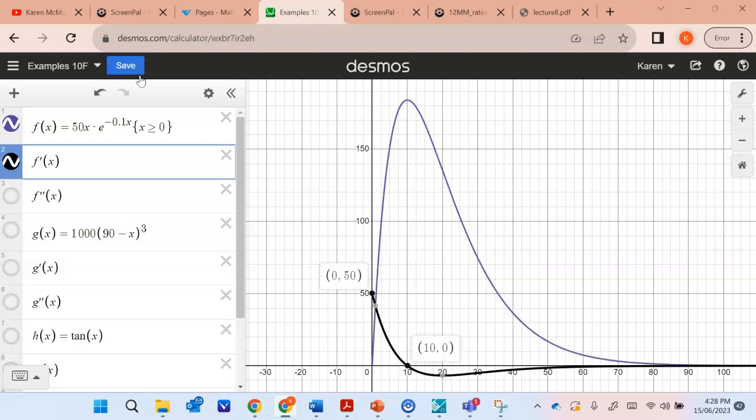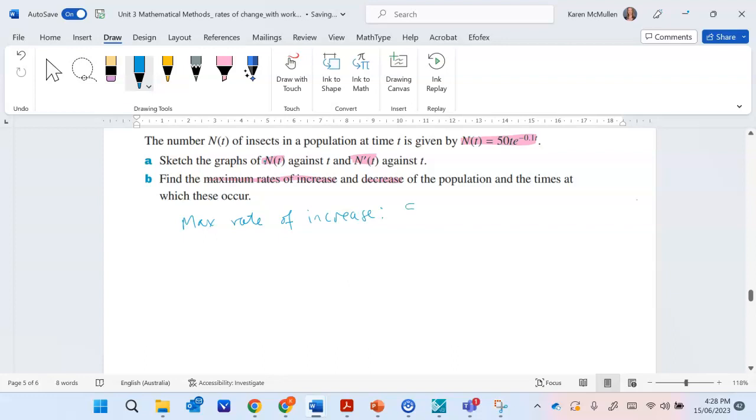It's just 50. Sorry, not t equals 50. It was 50 insects per unit of time.